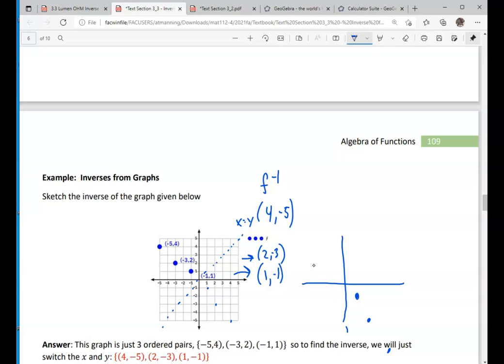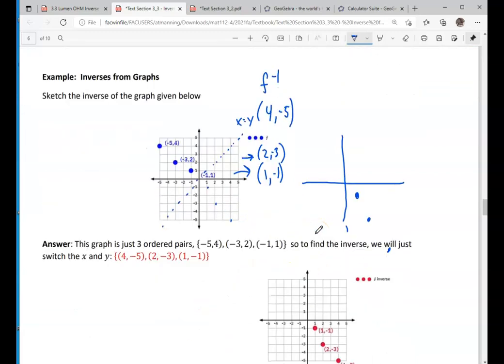A little insight into how this whole inverse function works: switching x and y to find my inverse is the same as reflecting it around that diagonal line. As we do lines and graphs, we'll start recognizing, oh yeah, that's just a reflection around that line. But we're not quite there yet.